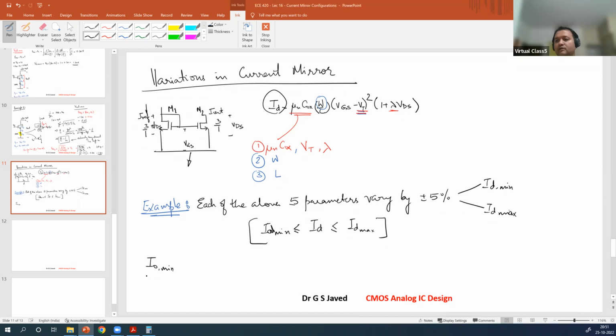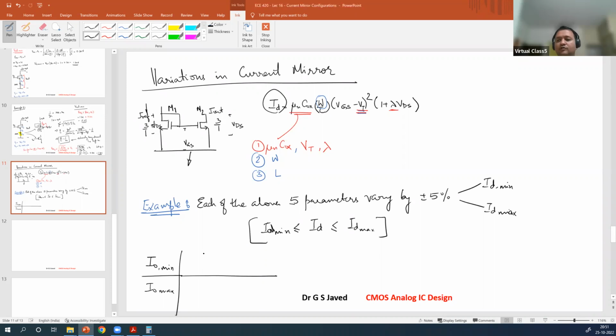I out min, put a table here, I out max. So if your current needs to be in range, we will find out the various terms. So for each of the circuits you have K. K is defined as mu n Cox W over L. Okay, so that would be K1 and K2.